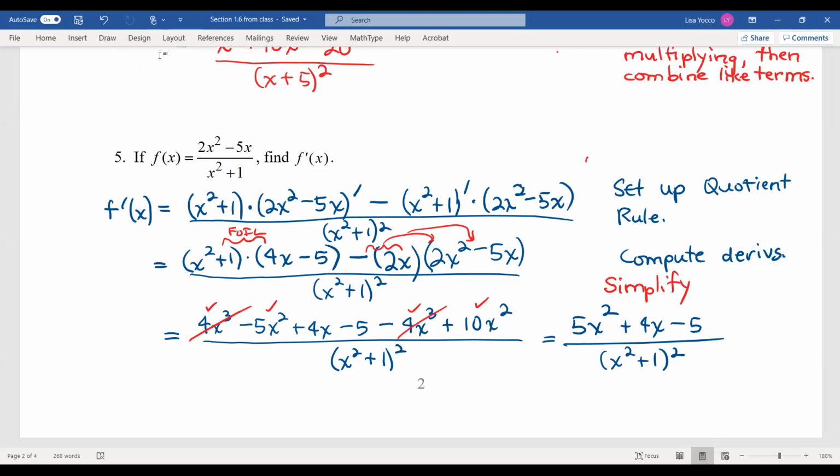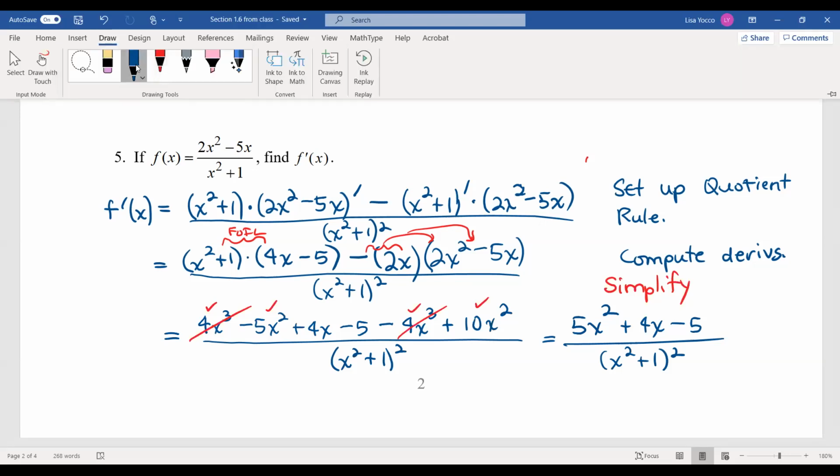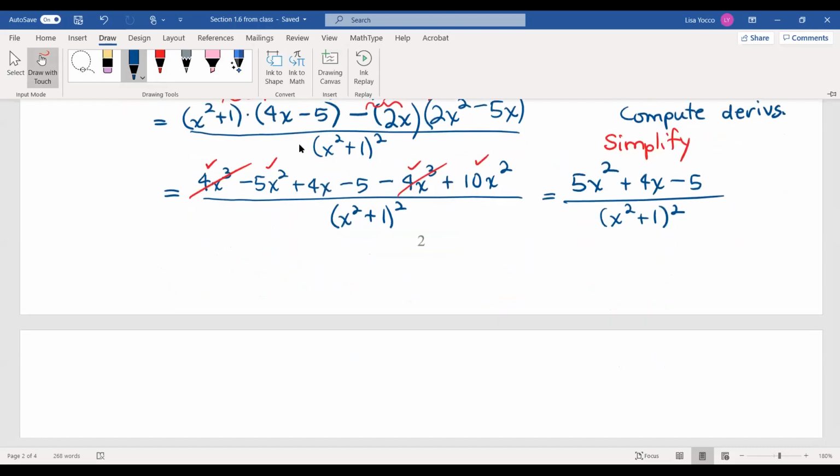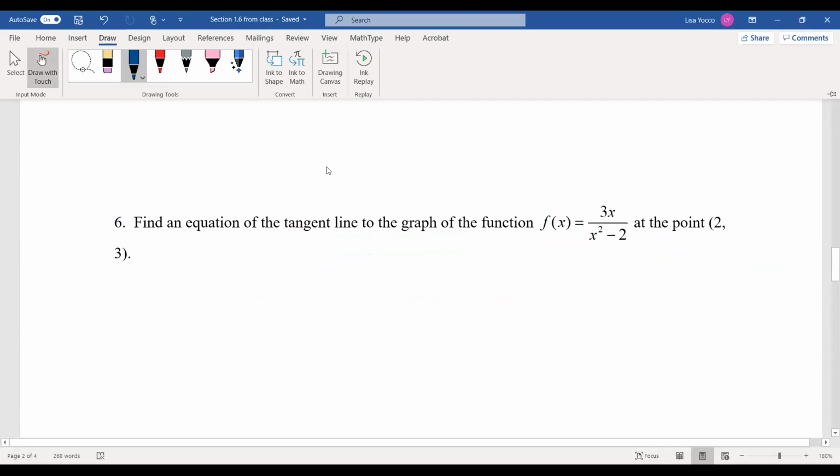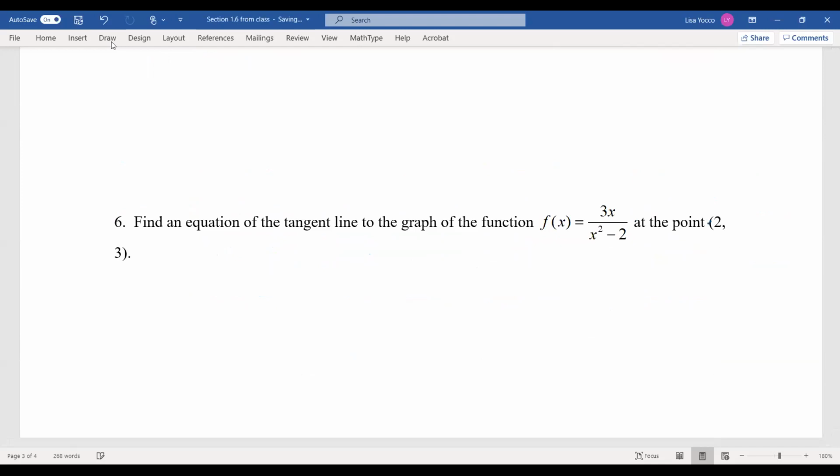So that may look just really terrible to you, and maybe it is. It could be a lot worse, but we try not to focus on the ones that are very messy.